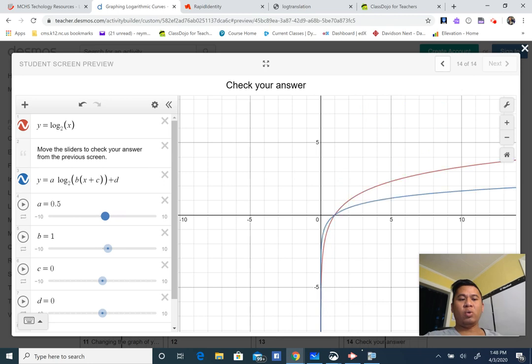Now if a goes down, or less than 1, then there should be a vertical compression in there. However, if a goes negative, then it's going to reflect along the x-axis. So again, that's our value for a.